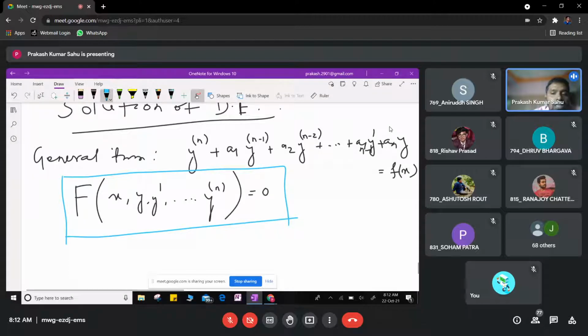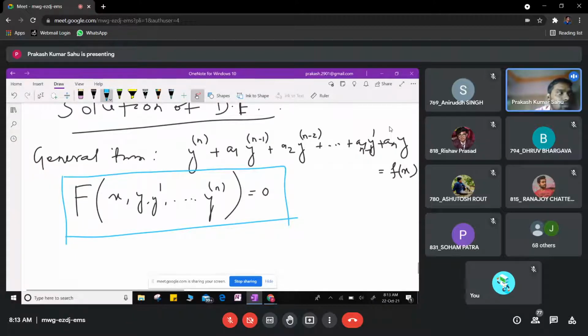Here f of x is a function of x, so x is one variable, y is another variable, y dash is another variable, similarly the nth derivative of y is also one variable. So we can say this is a function f of x, y, y dash, up to y^(n) is equal to 0. This is another general form of a differential equation.